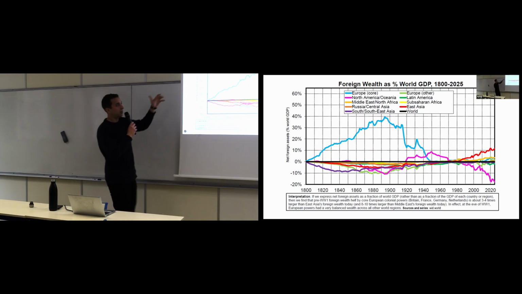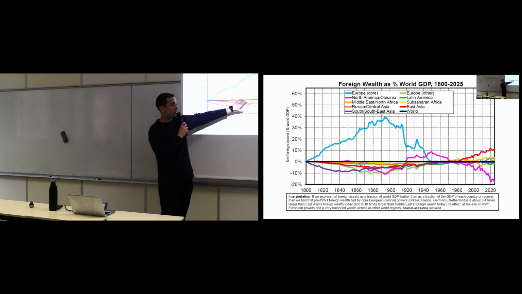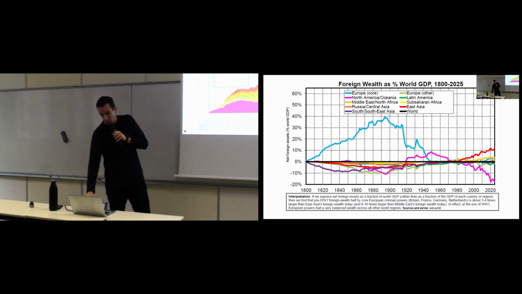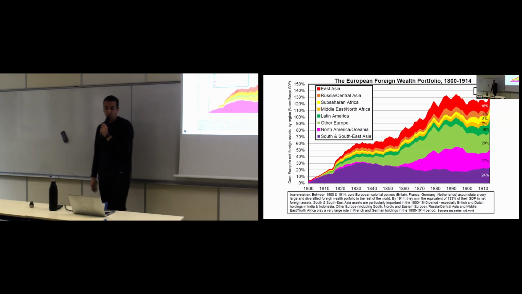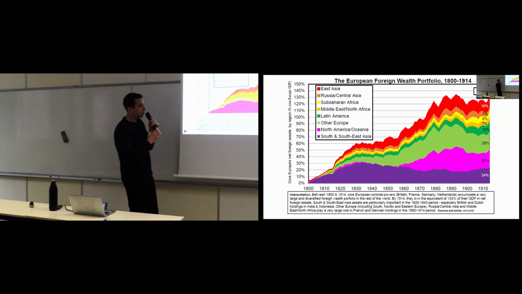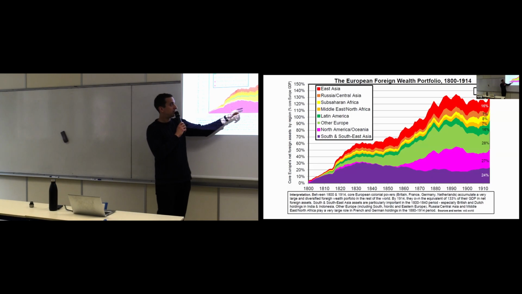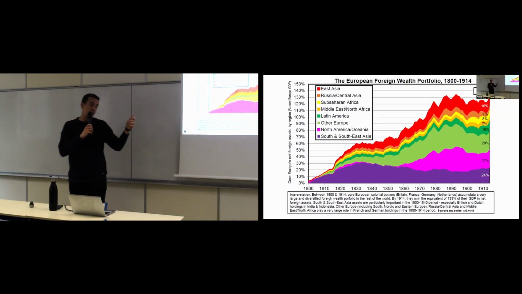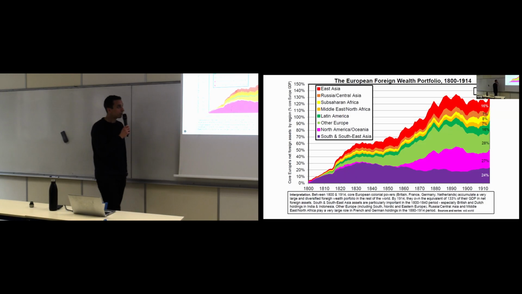So it has to be that if these regions are net indebted and this region is net creditor, the portfolio has to end here. So we can calculate the average European foreign wealth portfolio, and we see that there is a huge presence of the colonies at the beginning of the period, especially in South and Southeast Asia, which is basically UK holdings in India or Dutch holdings in Indonesia.